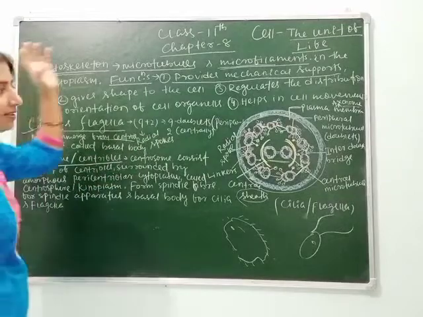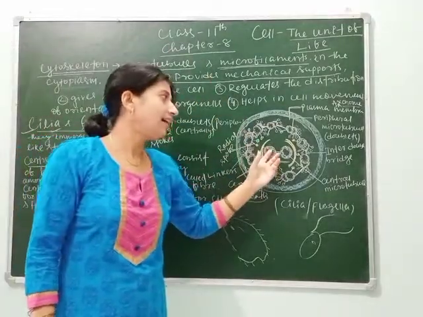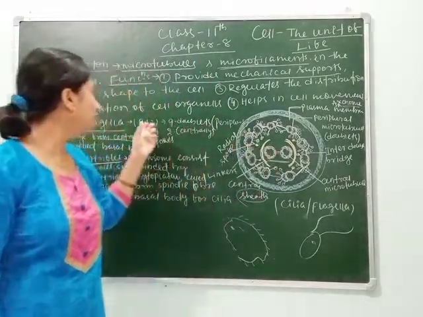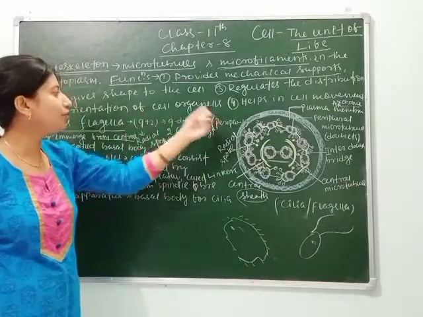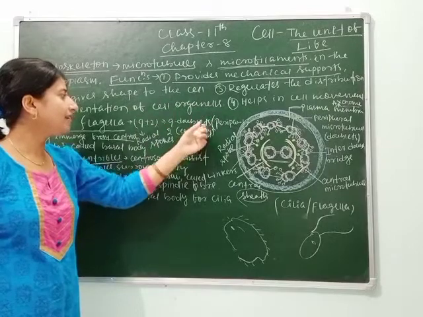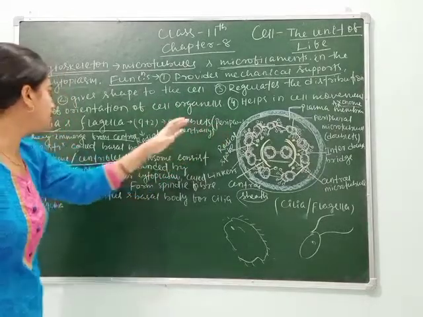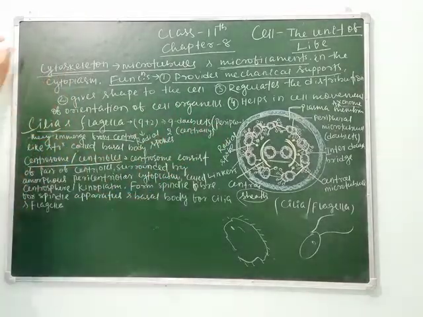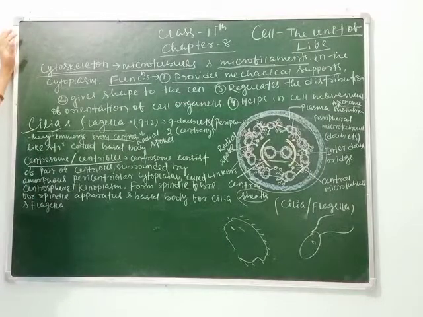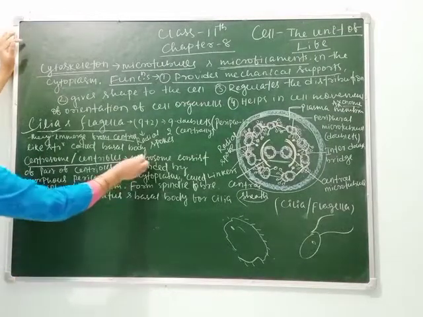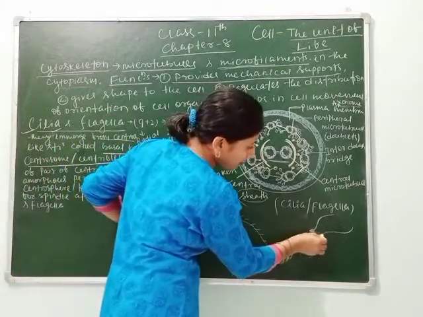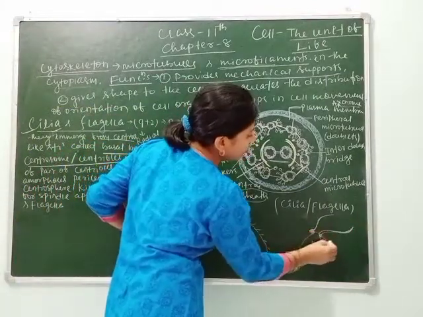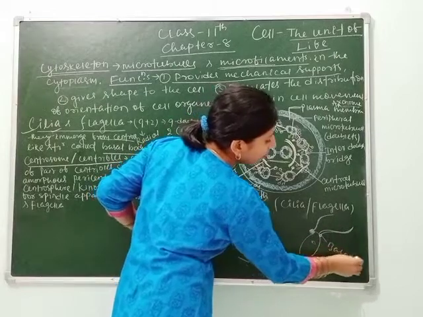Remember, students, the cilia or flagella are arranged as 9 plus 2, 9 doublets of peripheral microtubules, whereas 2 centrally located microtubules. What is their function? They emerge from a centriole-like structure called the basal body, means the point where they arise is called the basal body.